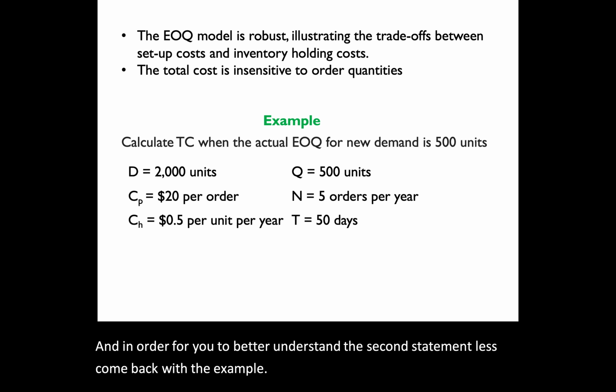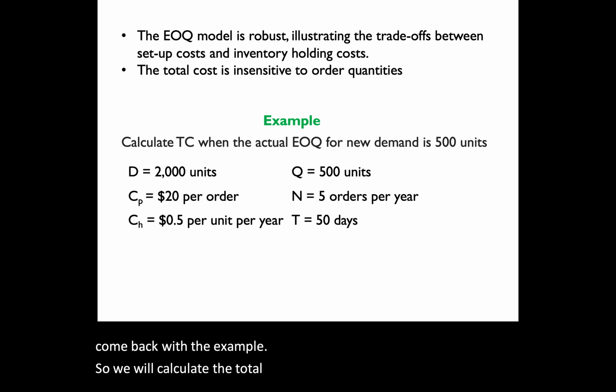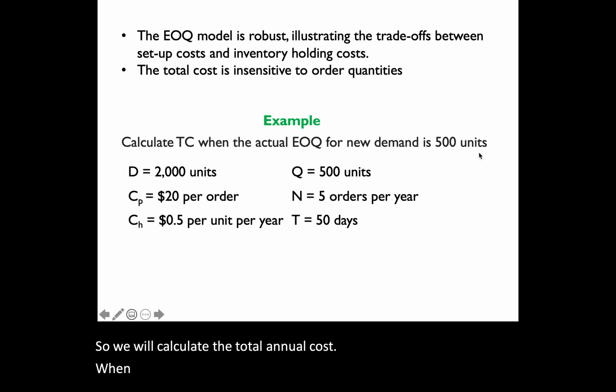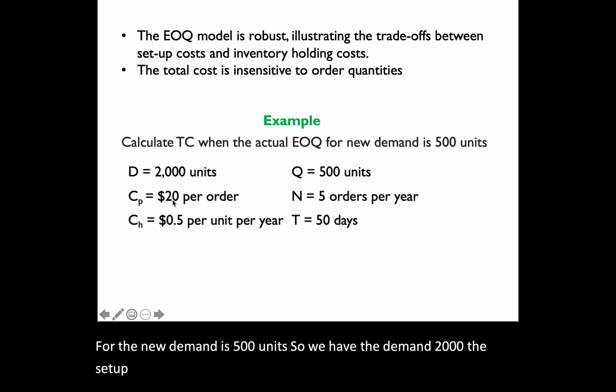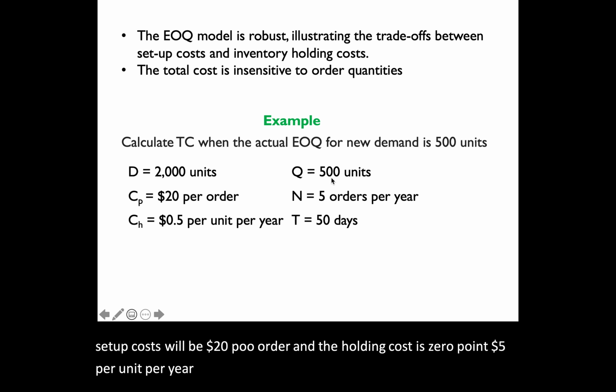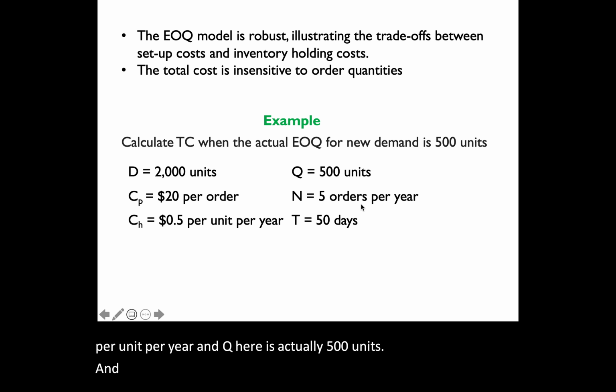So we will calculate the total annual cost when the actual EOQ for the new demand is 500 units. So we have the demand 2000, the setup cost will be $20 per order, and the holding cost is $0.5 per unit per year, and the Q here is actually 500 units, and still the same 5 orders per year, and T will be 50 days.